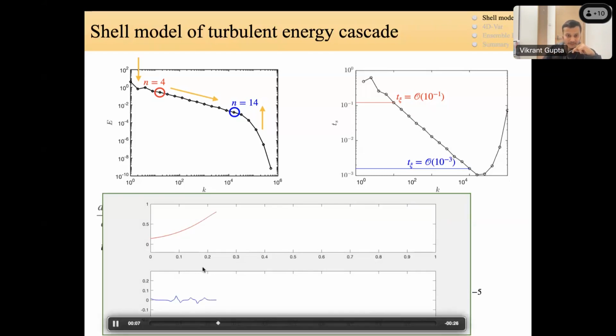So we see the lower graph, the shell number 14, it remains 0 most of the time, but then it has these bursts. So it is going through several bursts while shell number 4 is just evolving slowly.